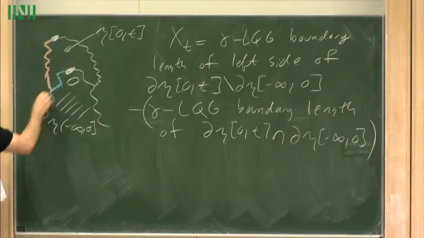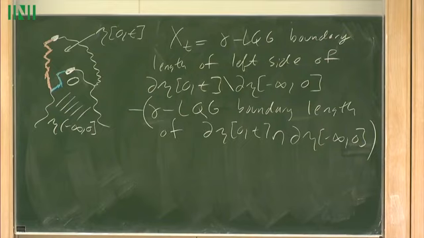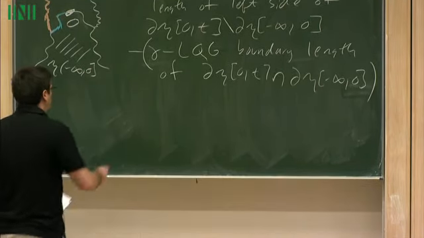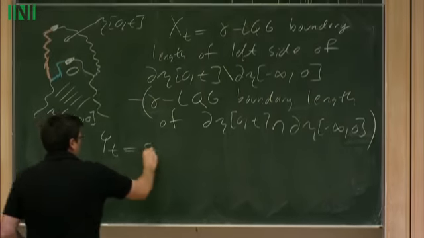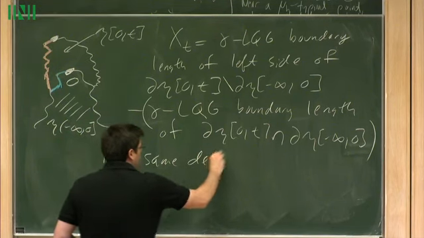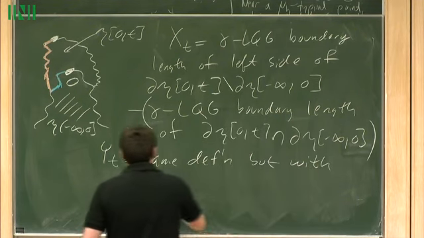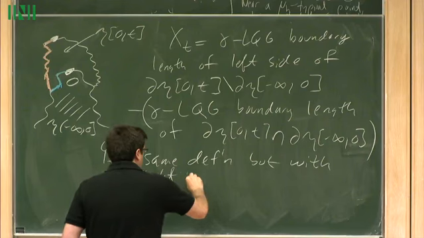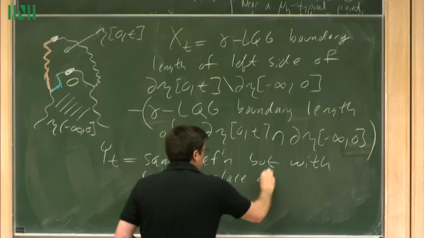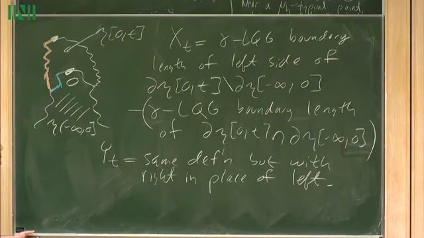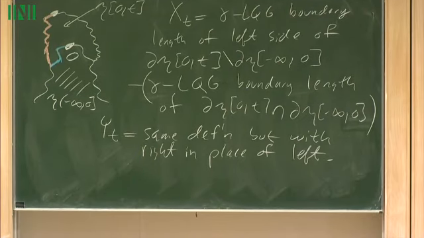Okay, so this is what x sub t is keeping track of as you change t. Okay, and then you define y sub t in the same way. So this has the same definition, but with right in place of left, and the theorem tells you what kind of process you're going to get.